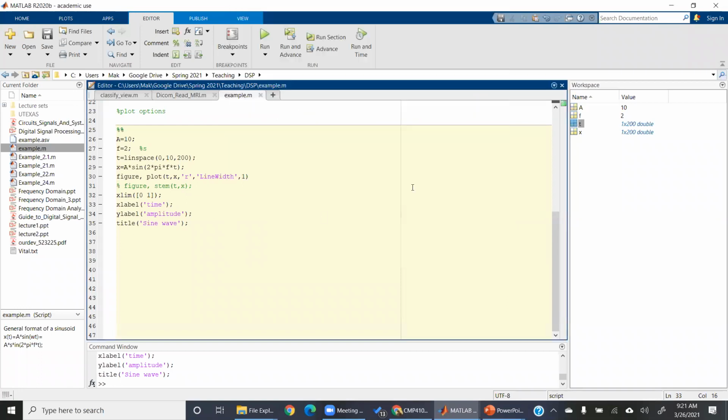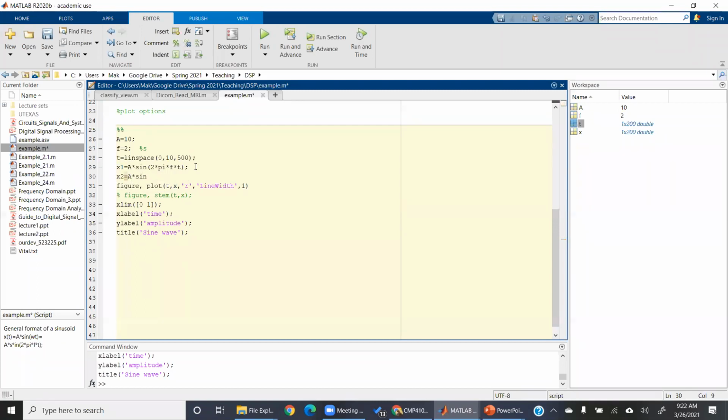Okay. So the next thing I want to show you is what if I wanted to plot two signals on the same graph? So let me just use this. Let me up this again to 500. So I'll define this as x1. And then I define x2, which is another signal, maybe at half the frequency.